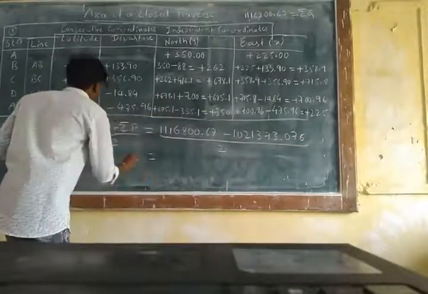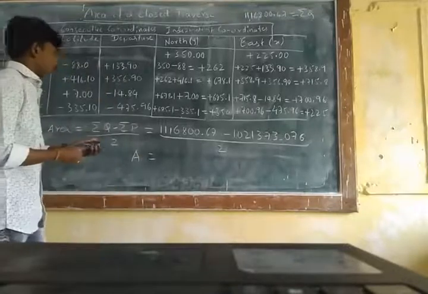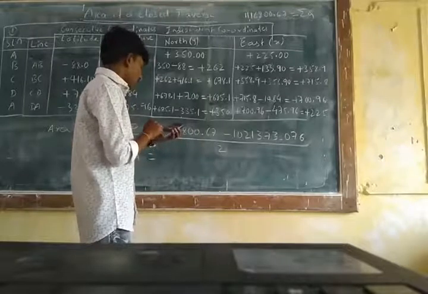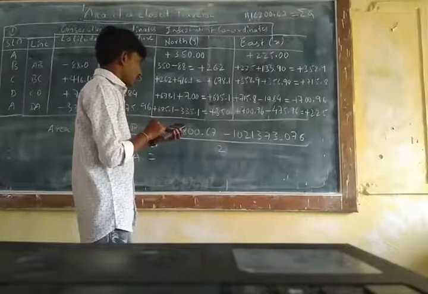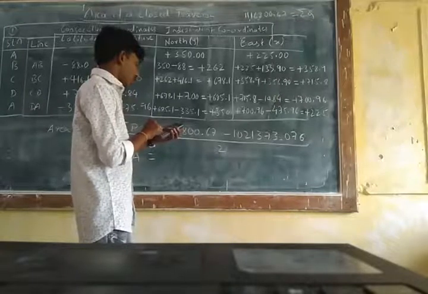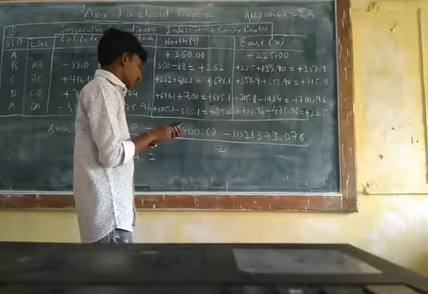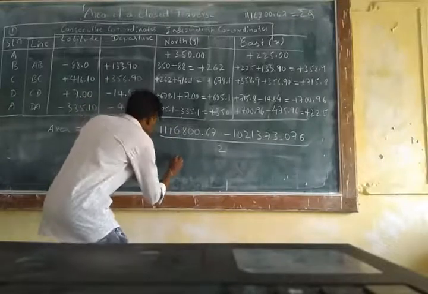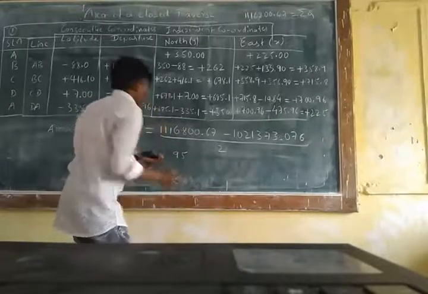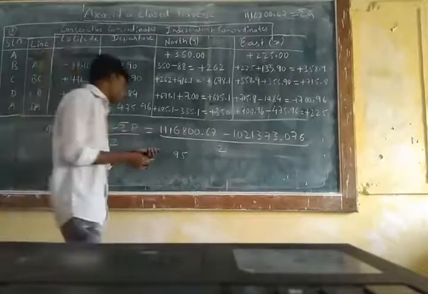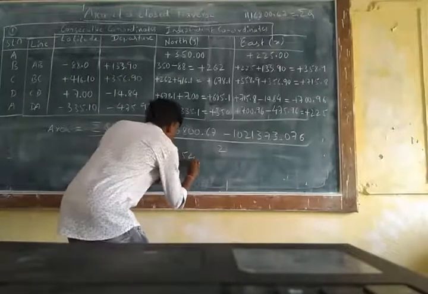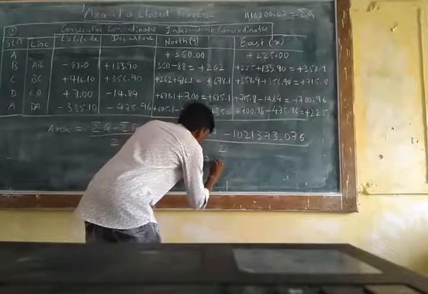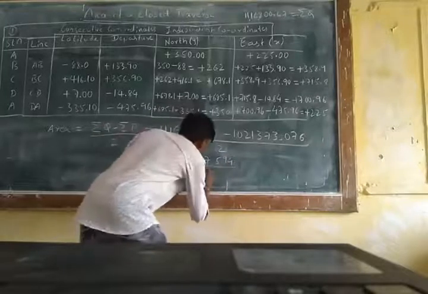Now let's calculate the area A. That will be 95,427 divided by 2.